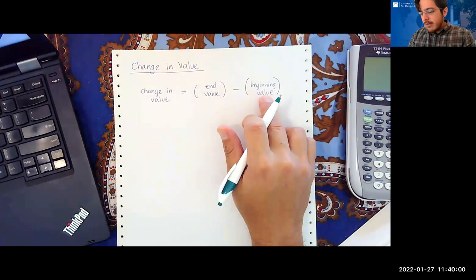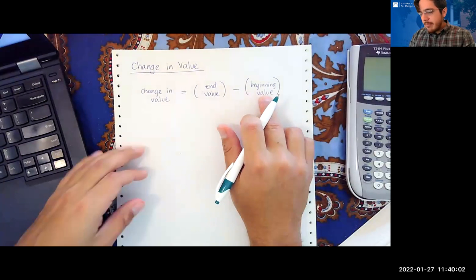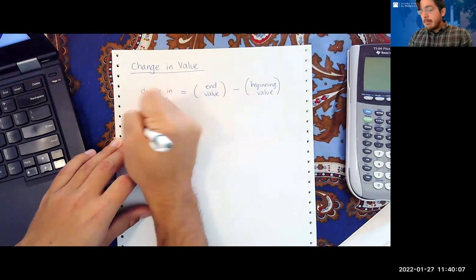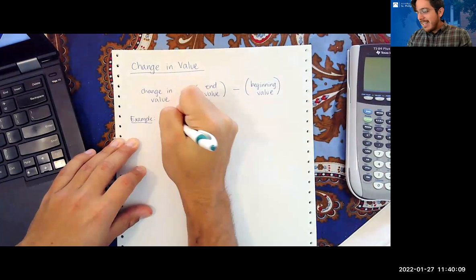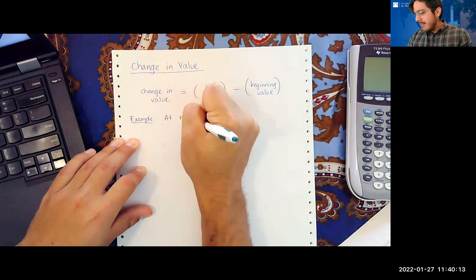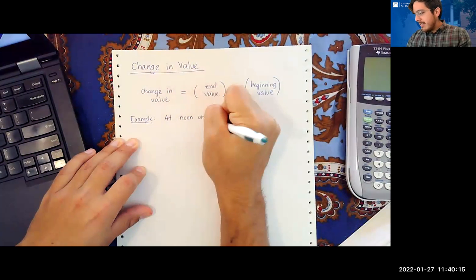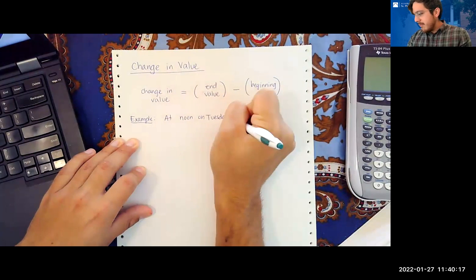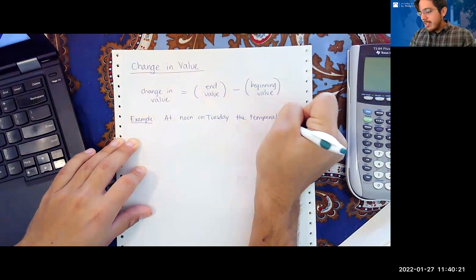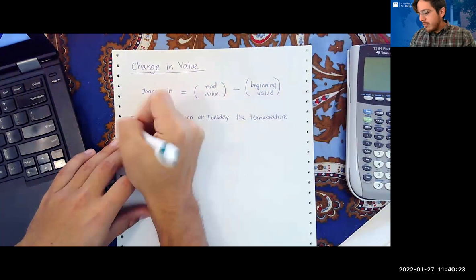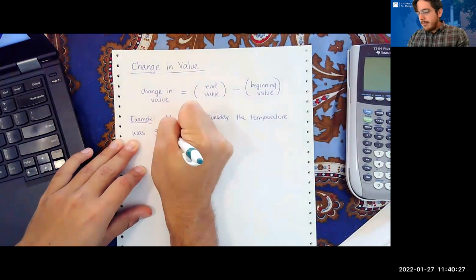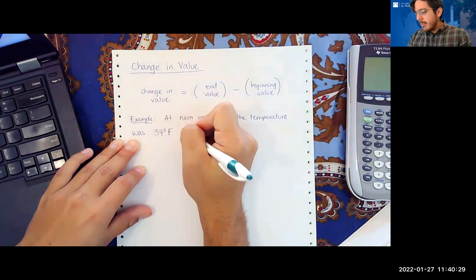So let me give you a scenario. Here is an example. And bear with me because it's a lot to write. At noon on Tuesday, the temperature was 34 degrees Fahrenheit. Okay, that's the end of that sentence.